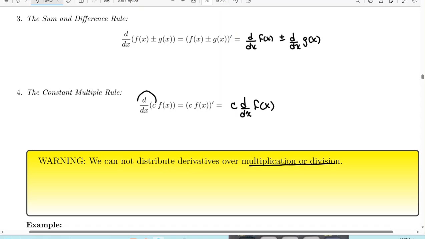And we're going to see in section 3.2 we have the product rule and the quotient rule for derivatives.